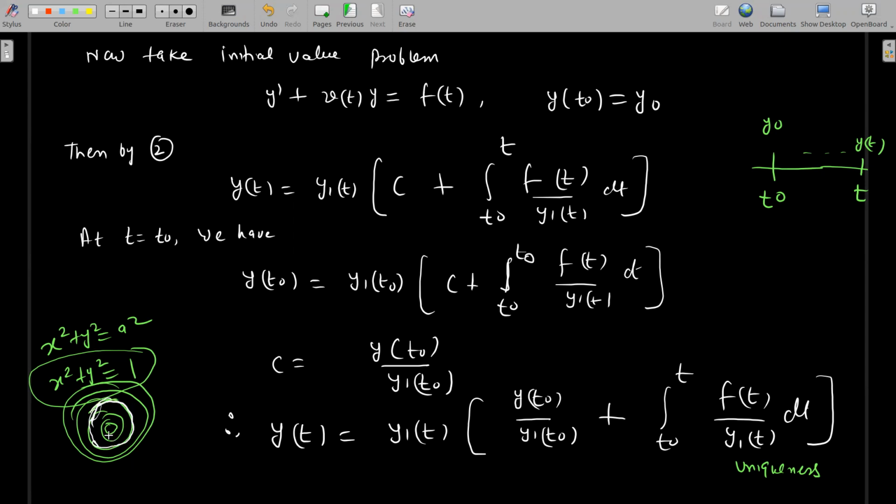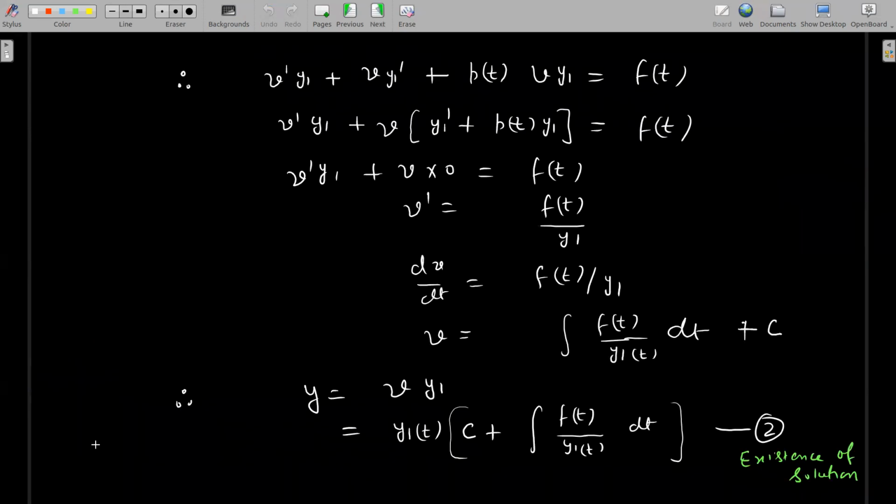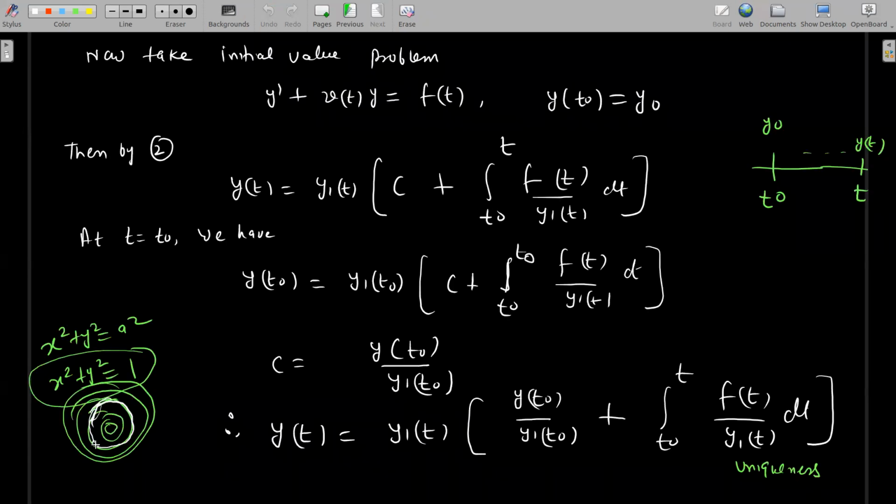Likewise here, we have shown that there exists a solution, meaning you got a solution of the equation with some constant or parameter. But if you fix that parameter, if you take a particular value of that parameter, which is given by this formula, then a unique solution of this equation is given by this relation. Any doubt?